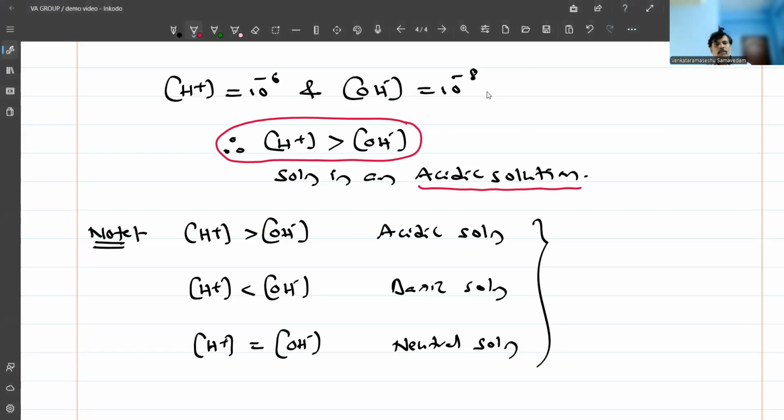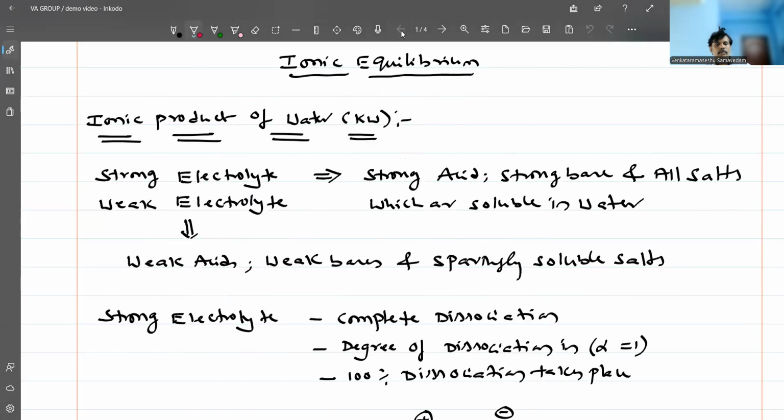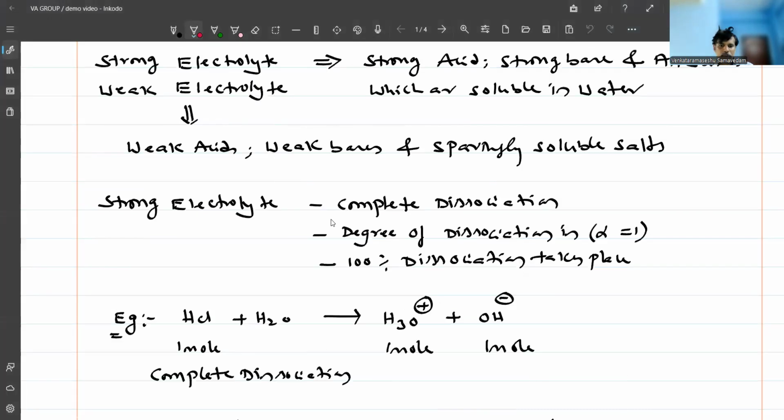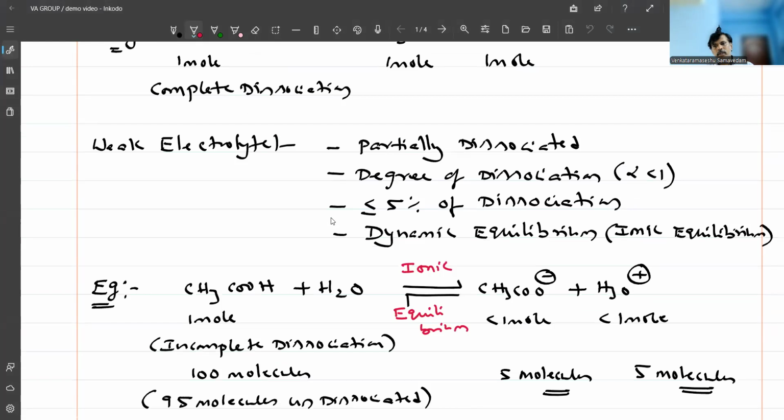So here, if you want to know about ionic product of water and its applications, 100% what we have to know from the beginning, I told. First, you have to know about strong electrolytes and weak electrolytes. After that, if you know weak electrolytes, 100% they develop an equilibrium constant.